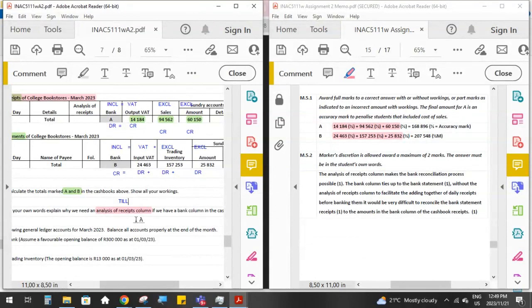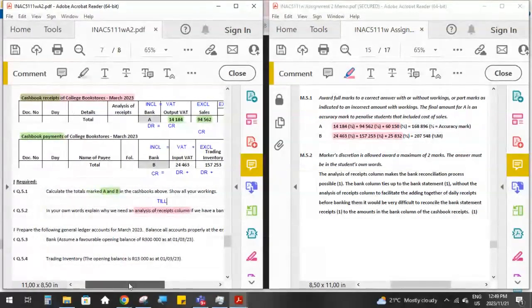Remember, this still has to go and be banked. And then when we bank it, and only when we bank it, can we put that amount into the bank column. You can't put the amount in the bank column if you haven't yet banked the money. Okay, bank means it's in my bank. So any explanation that showed that you understood that.